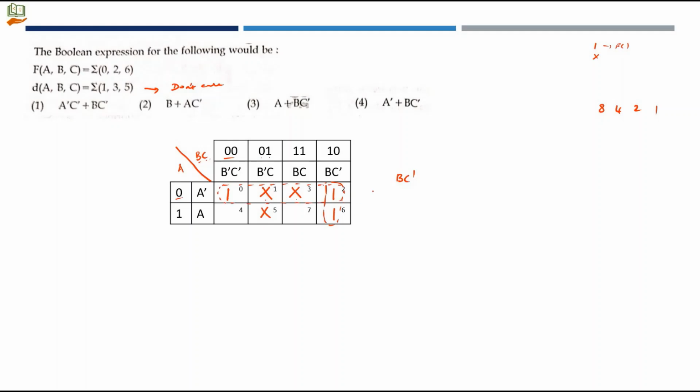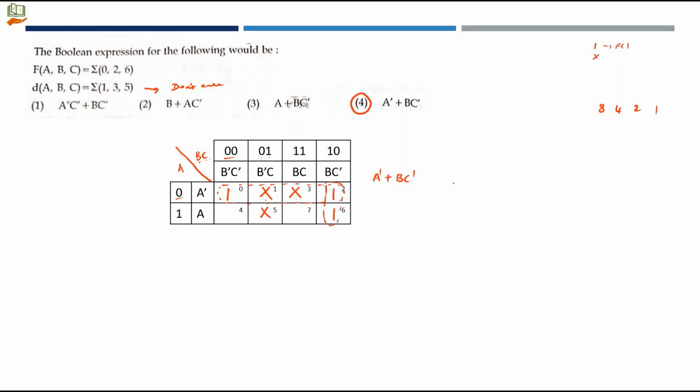Now what will be the variable that has come for this top row grouping? It will be A dash. Irrespective of any value of B and C, whether it can be B or B dash, C or C dash, what is constant here? A dash is constant. So we will mark A dash here. You can find A dash plus BC dash in option number 4. Option number 4 will be the right answer.